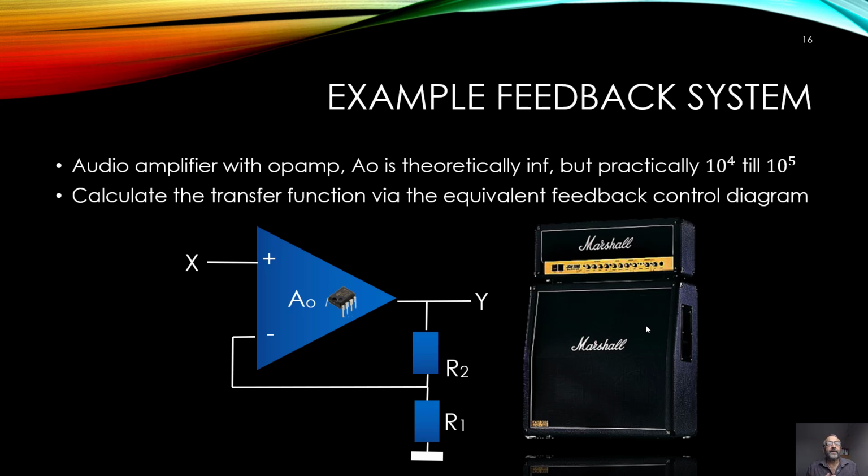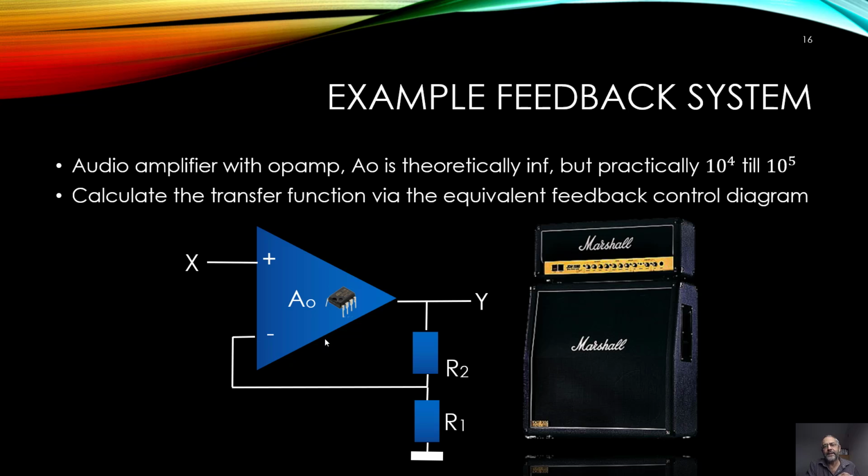An example of a feedback system. Suppose again you have an amplifier. But in this case, we don't know exactly how much it amplifies. So that's an op-amp. It's just amplifying with a very high factor.